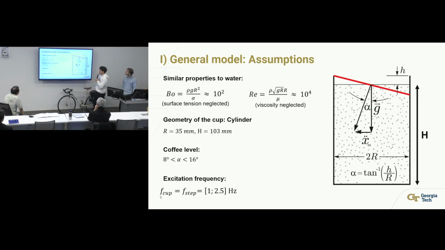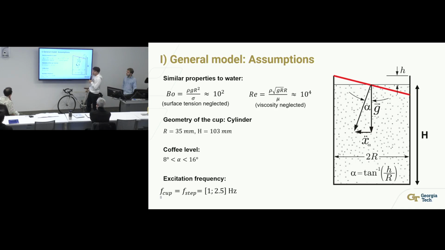Now, the assumptions we made to study this model. We make assumptions on the coffee properties. We assume that they are close to water, so the Bond number is pretty high, so we can neglect the surface tension effect. And the Reynolds number too is high, so we can neglect the effect of viscosity.